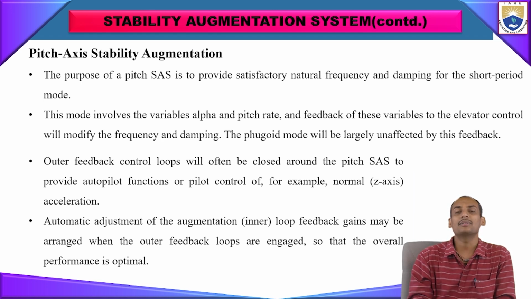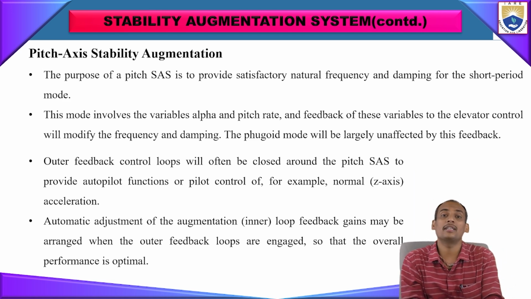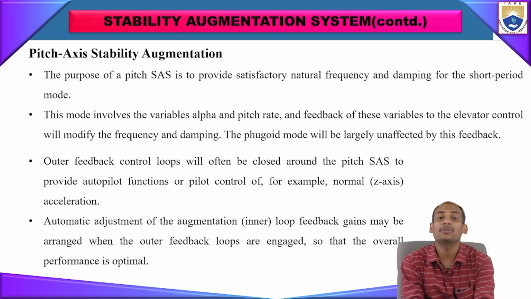We know that an inner loop feedback system is being introduced for the pitch orientation system and displacement autopilot system. If you see that feedback system, why are we introducing that one?